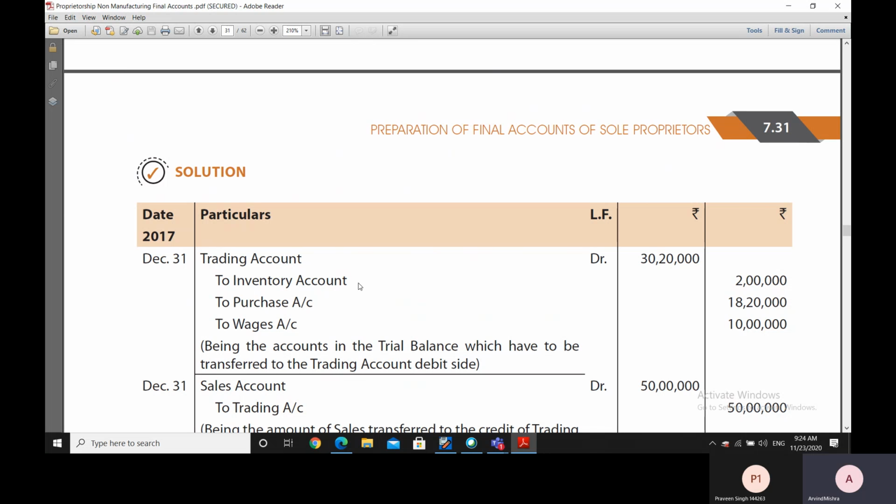So to square them off, we have to credit them. We will credit these three accounts and debit the trading account with the total. So thereby, when we are debiting the trading account with all these three accounts, the trading account will show these three accounts over there.